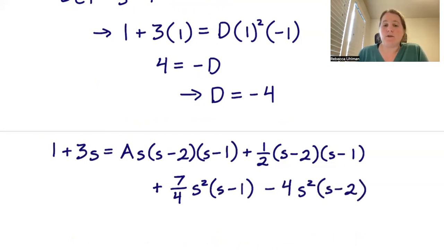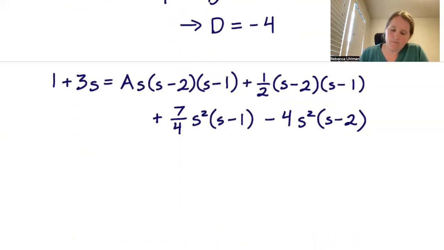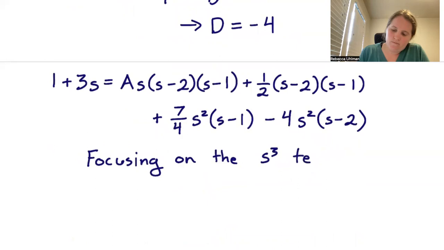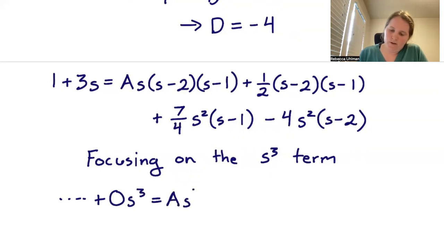We can focus on whatever term we want. If we focus on, say, the cubed term, we have blah, blah, blah, plus 0 s cubed should be equal to a s cubed plus 0 s cubed from that second term plus 7/4 s cubed minus 4 s cubed.